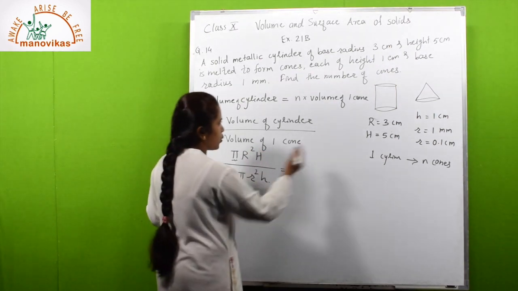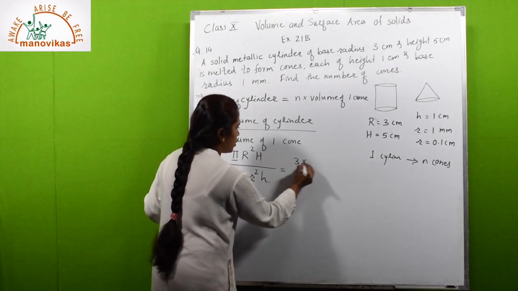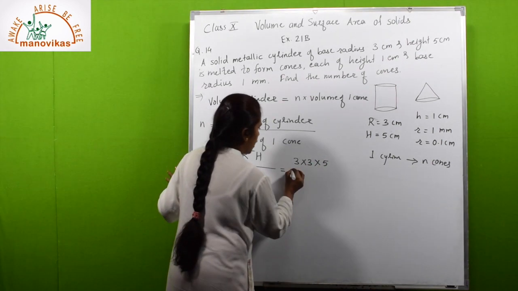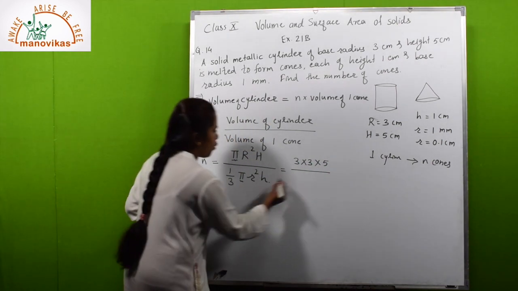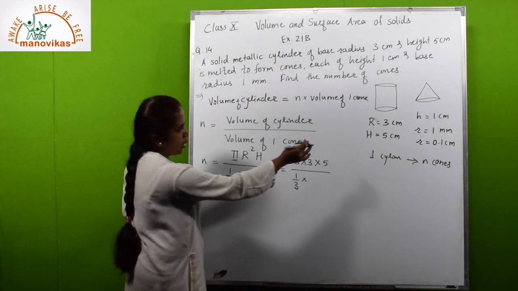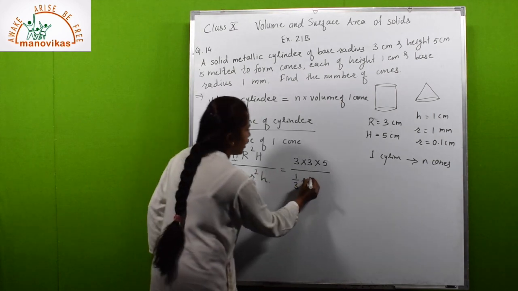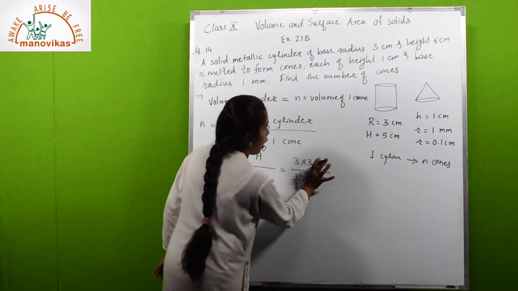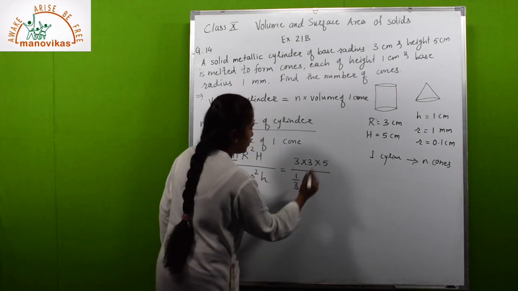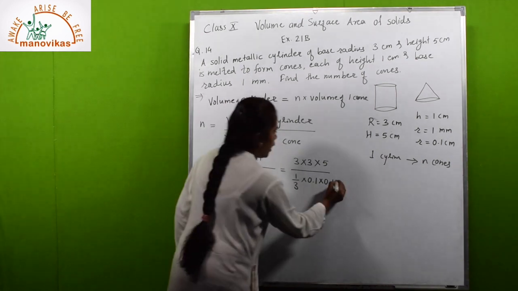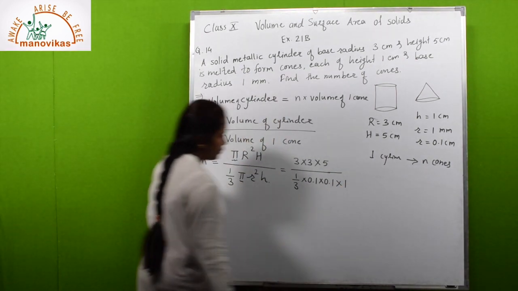R square, R is 3, so 3 into 3. H is 5, divided by 1/3. Here R square, for the cone the R value is 1 mm, that is 0.1 into 0.1, and the H value is 1.